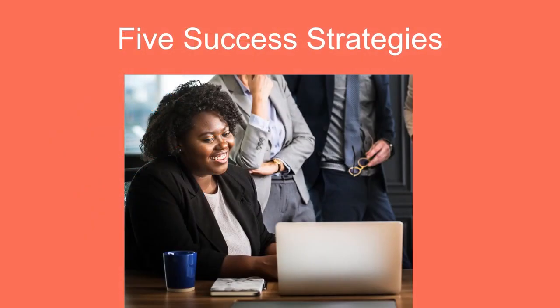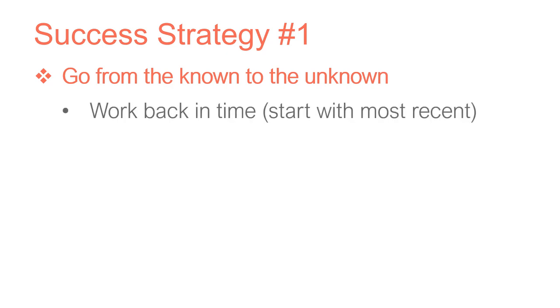We are going to cover 5 success strategies for researching your African American ancestors. Success strategy number 1 is to go from the known to the unknown. You want to start with the most recent records and work back in time.